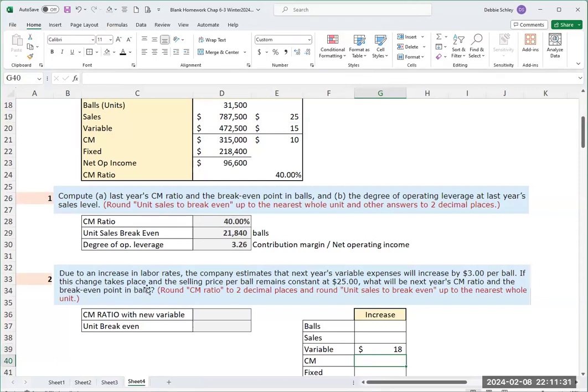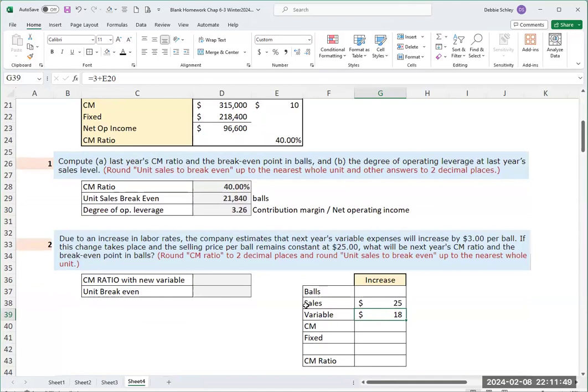If this change takes place and the selling price per ball remains constant at 25, so my selling price per unit stayed the same, what will be next year's contribution margin ratio and the break-even point in balls? Oh, sorry, and the break-even, that makes more sense.